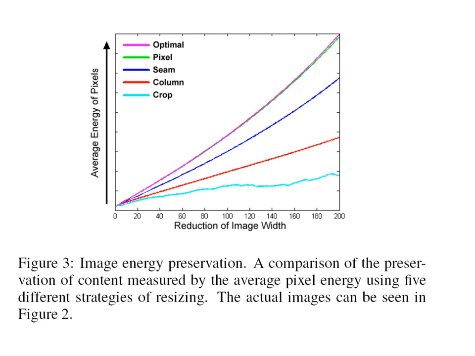If we apply optimal or pixel removal, it basically chooses the minimal energy pixels, so the average energy of each pixel is actually the highest. For seam carving, the energy is very close to pixel or optimal, and is higher than cropping or scaling. By comparing average energy, you can see seam carving is a better method compared to scaling and cropping.